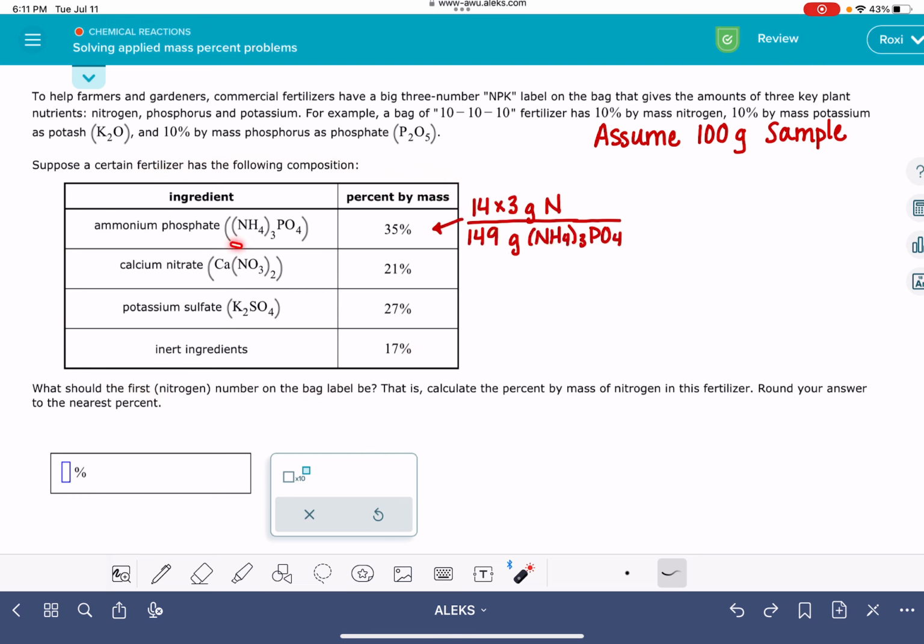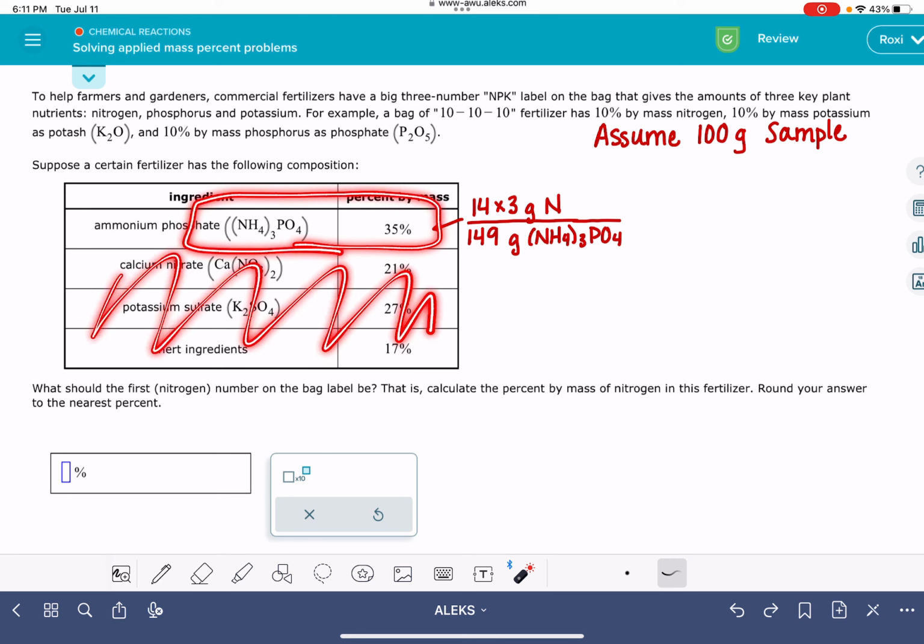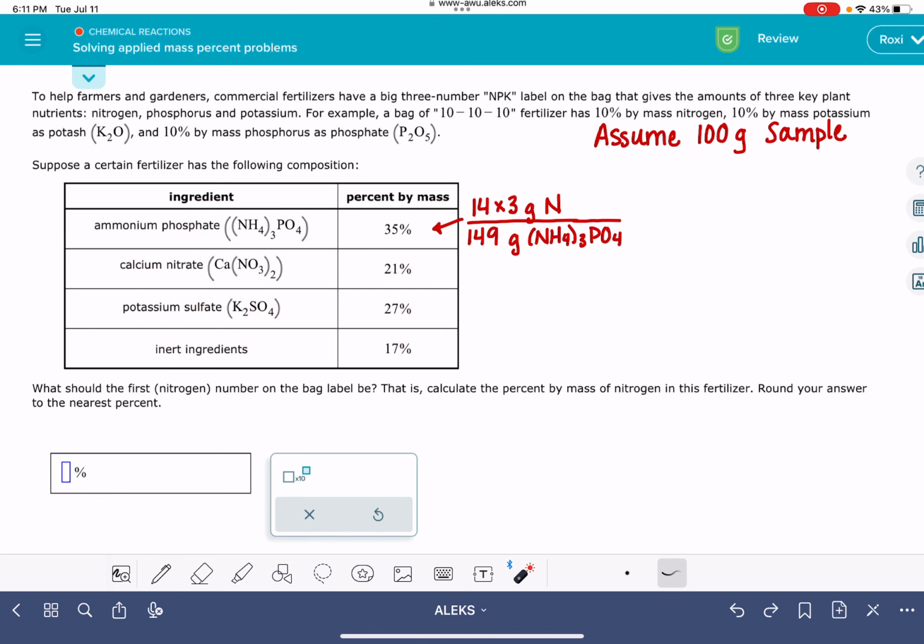And we're going to say, okay, we're going to start with this one. For just this part right here, ignoring all the rest of the stuff, let's figure out what is the mass of nitrogen that we have in this much of our 100-gram sample. We're going to start by setting up that ratio of nitrogen to ammonium phosphate.